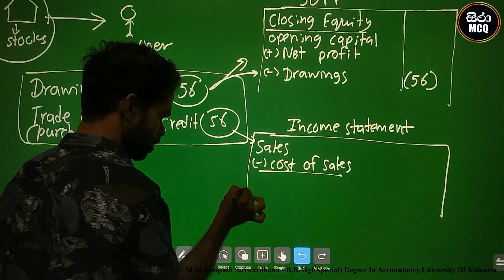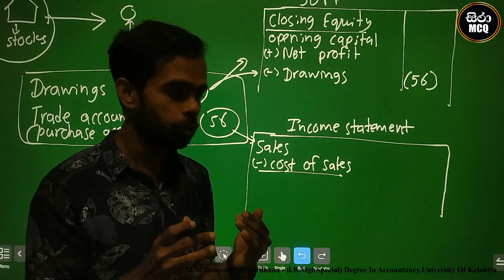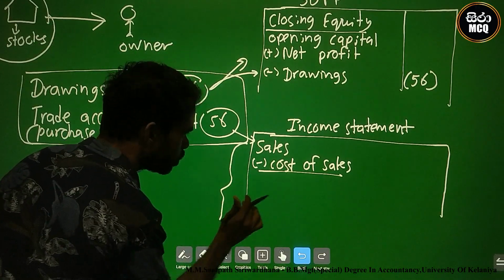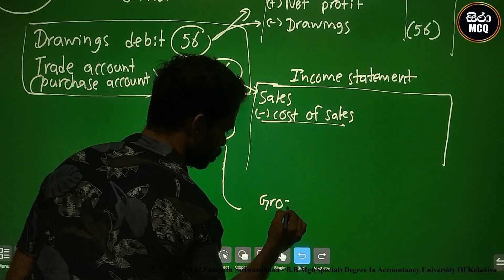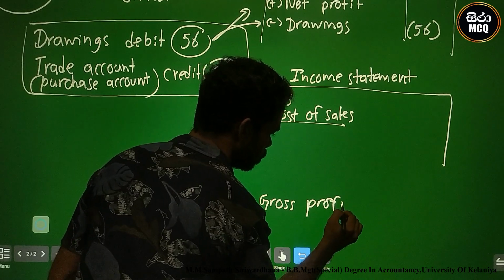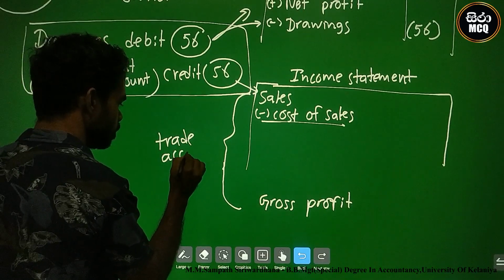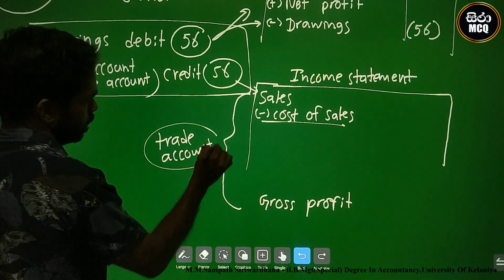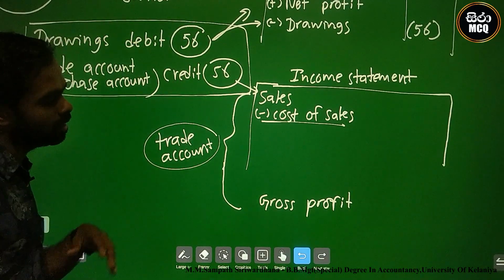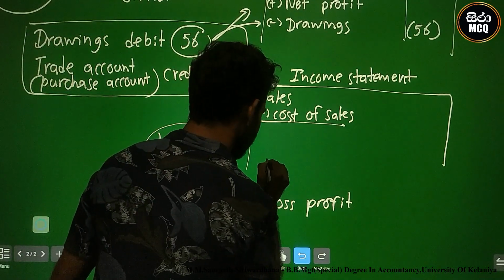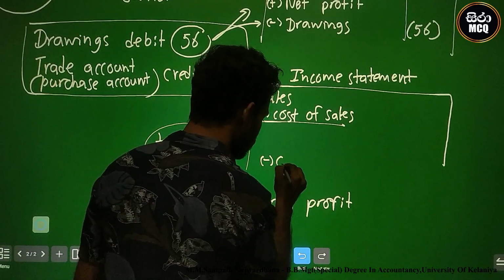The trade accounts are related up to gross profit. Up to gross profit, there are sales and cost of sales, all of which are the trade account. At this time, in the cost of sales, you deduct the closing stock.